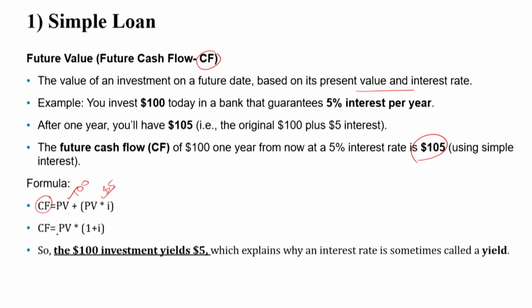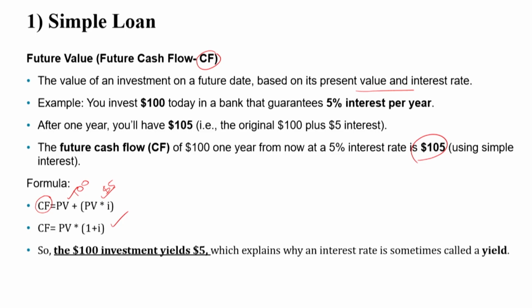You can also calculate it this way: the future cash flow CF is equal to present value times (1 plus i). The 100 investment yields $5, which explains why an interest rate is sometimes called yield. Based on this very simple example, we define rate of interest as the yield that you are getting for your present investment.